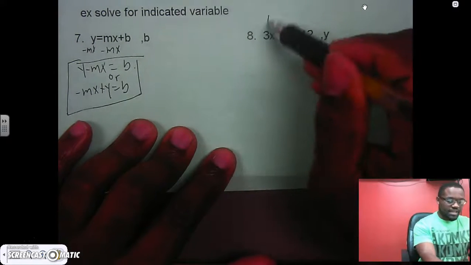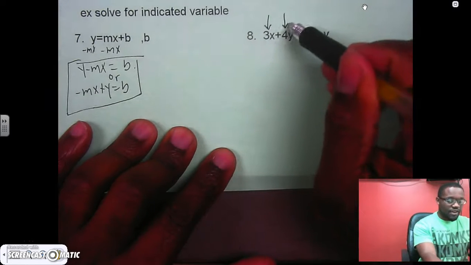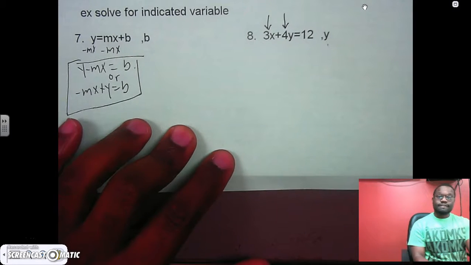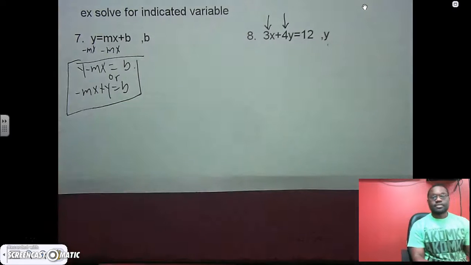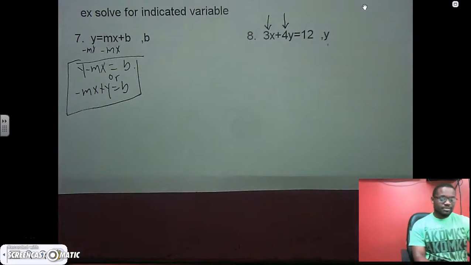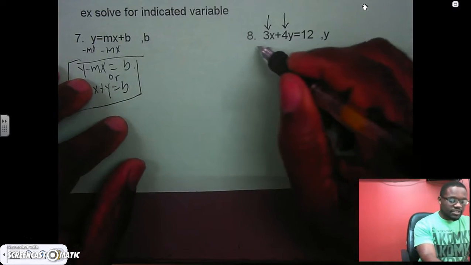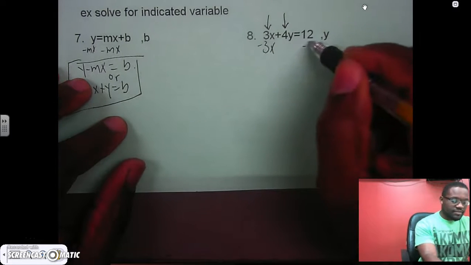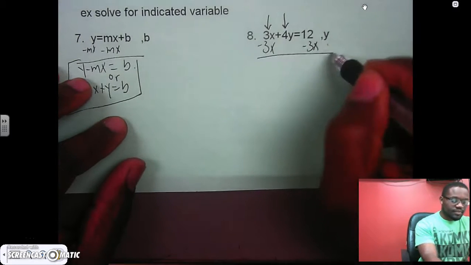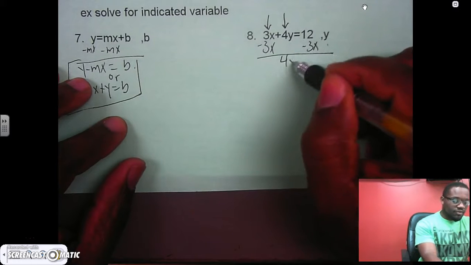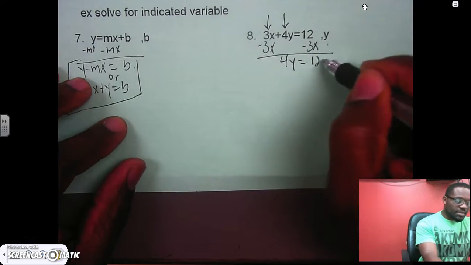That means this 3x has to go and that 4 has to go. Alright, this is just like trying to put an equation in y equals mx plus b form. First thing I need to do is subtract away my 3x. And I'll have 4y equals 12 minus 3x.